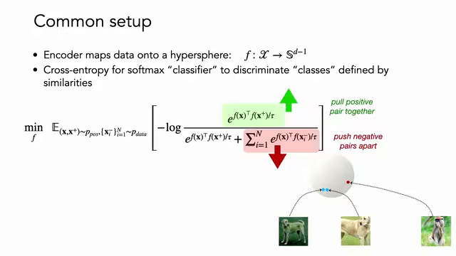So we can use inner products to actually do this comparison because we've constrained it to the hypersphere. So we can look at the angle instead of the distance. So we want to make sure that the inner product is as close as possible to 1, right?